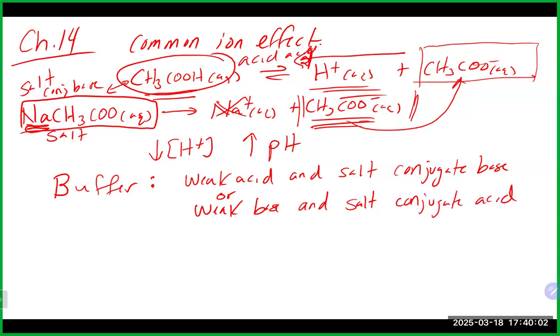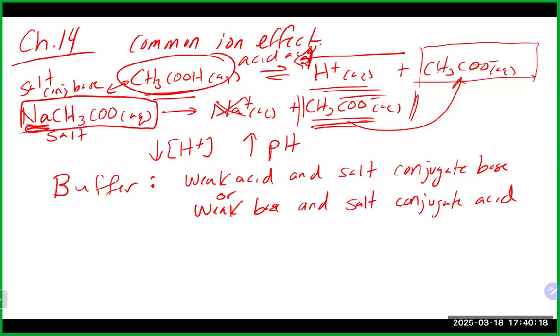And remember that in a buffer, they both do need to be in the solution to begin with. That is essentially what makes a buffer: the presence of both an acid part and a base part.